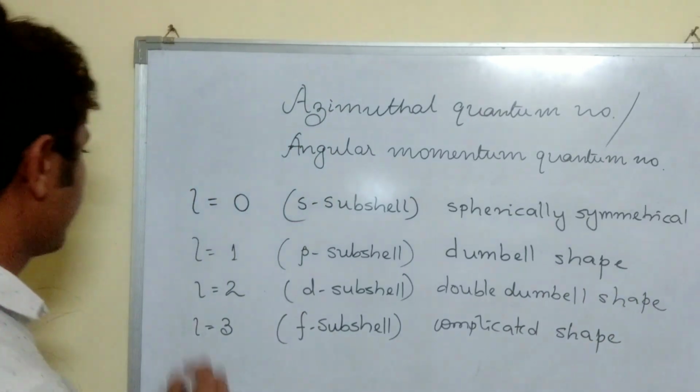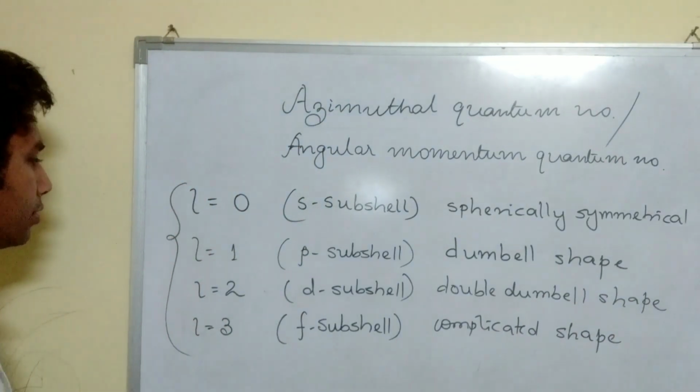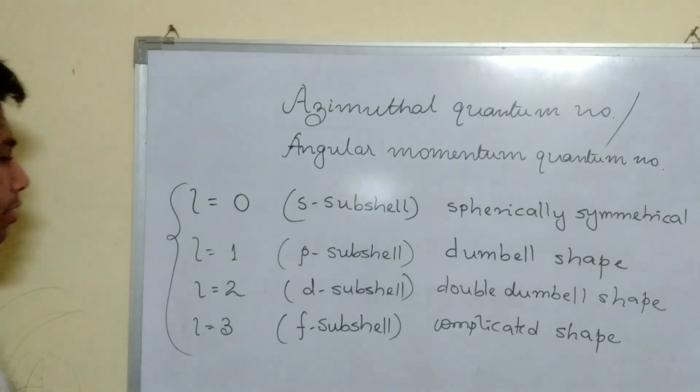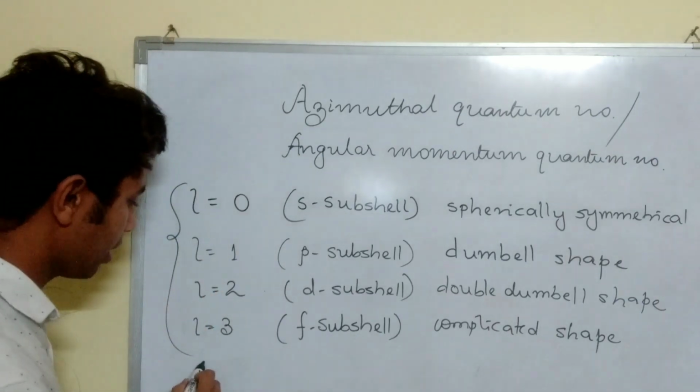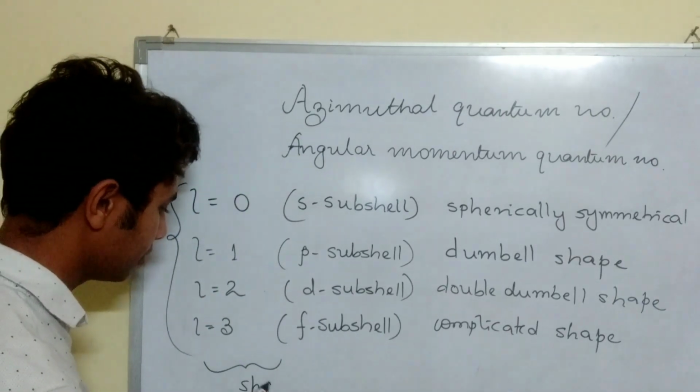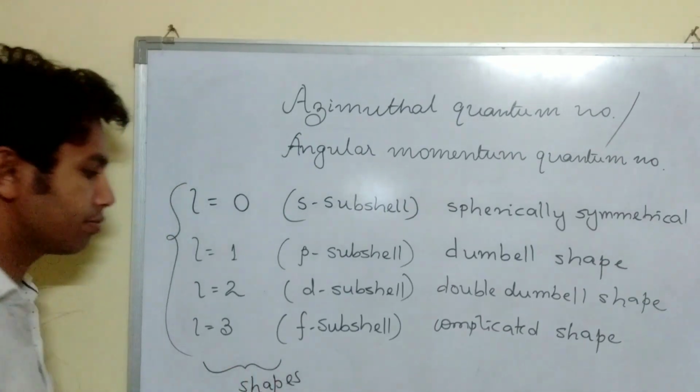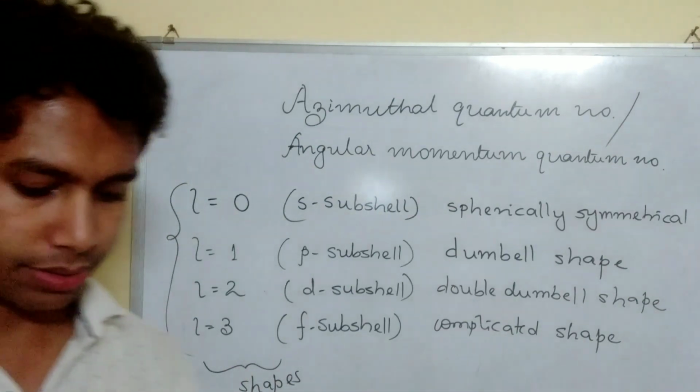So by the use of l values, we get the idea of the shapes of the subshells or orbitals.